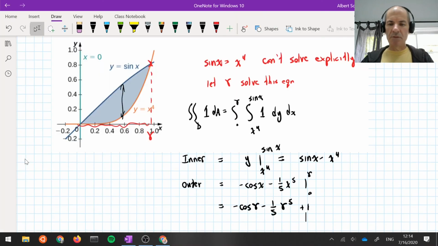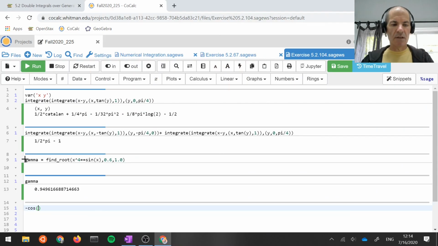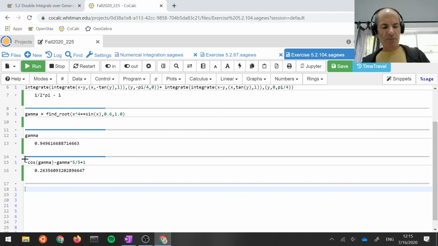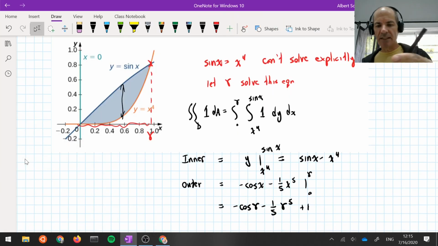And then let's compute, what do we want to compute? We want to compute minus cosine gamma minus gamma to the fifth over 5 plus 1. And we get 0.264 approximately.